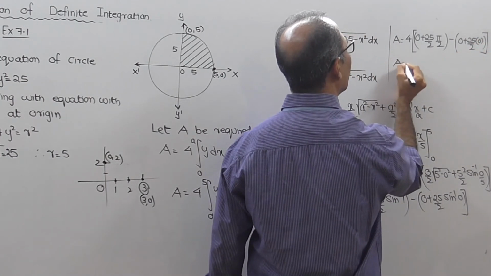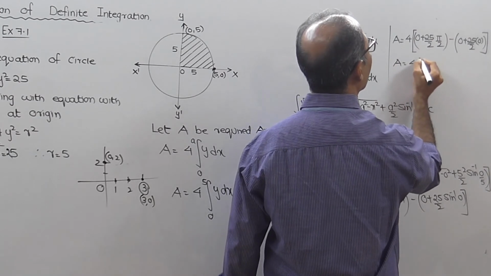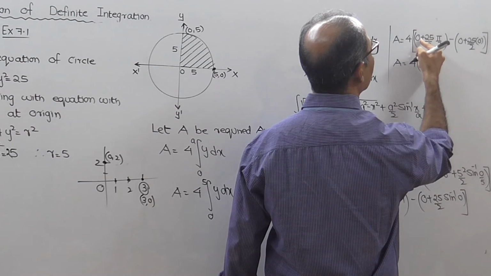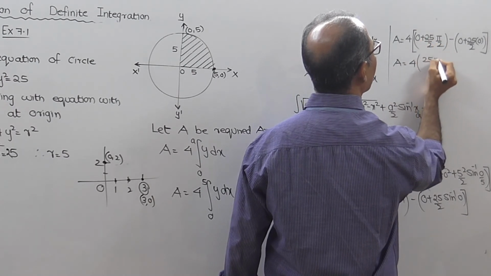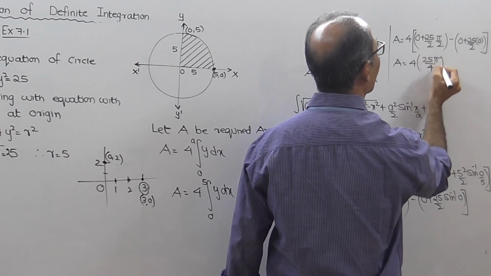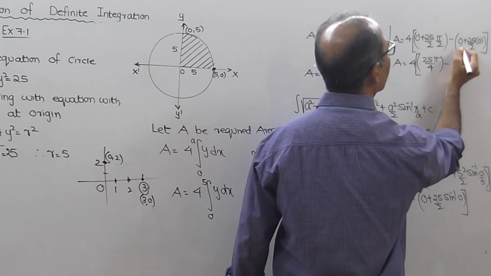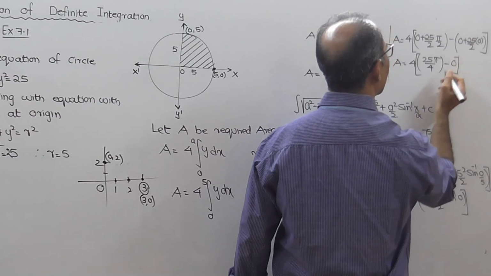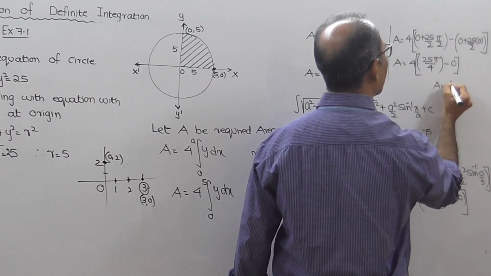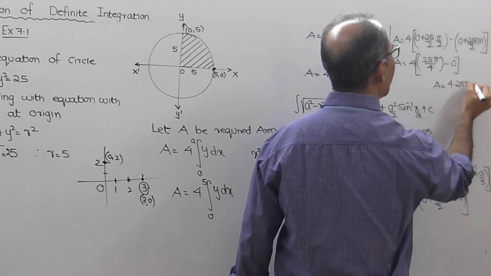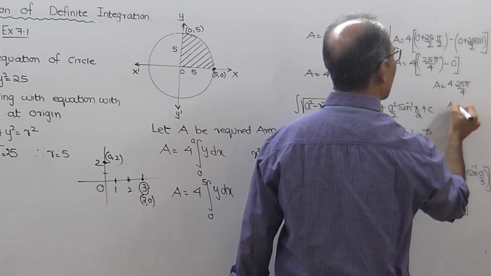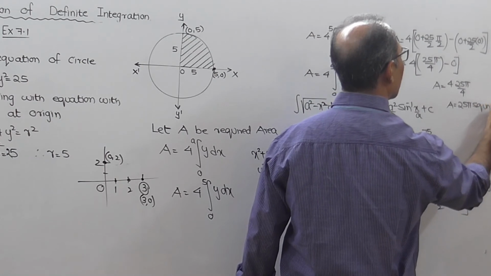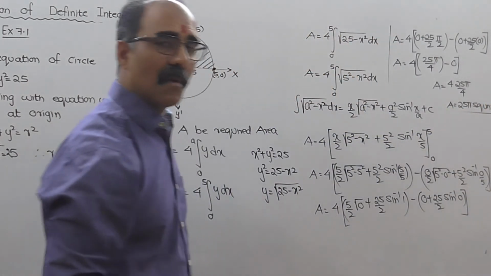So your area will be equal to 4, 0 plus 25 pi by 4, minus 0 plus 25 into 0 is 0. Therefore the area will be equal to 4 into 25 pi by 4. The area will be 25 pi square units. Okay.